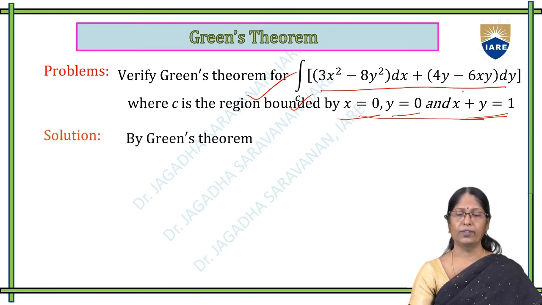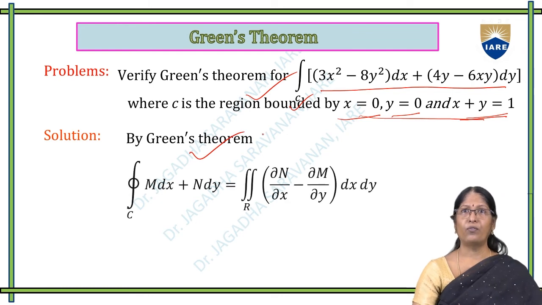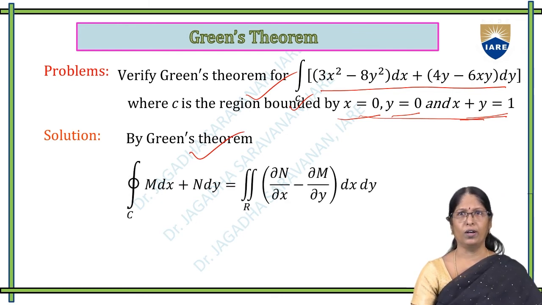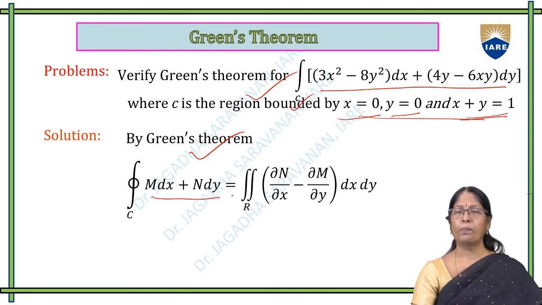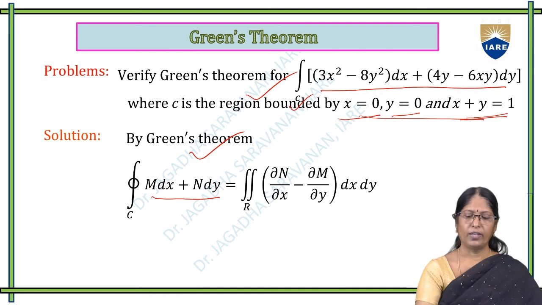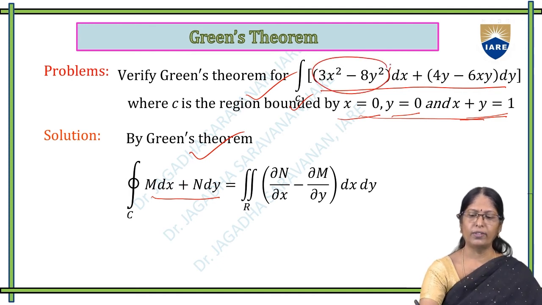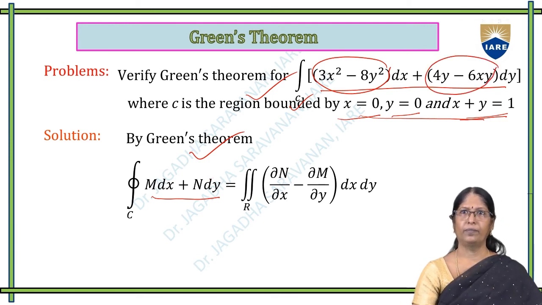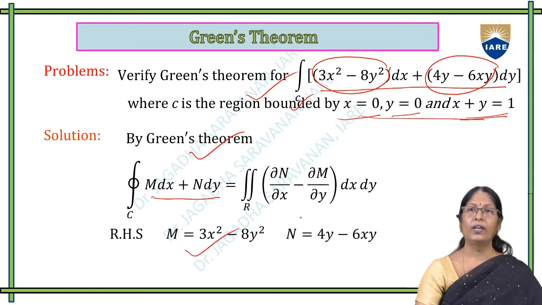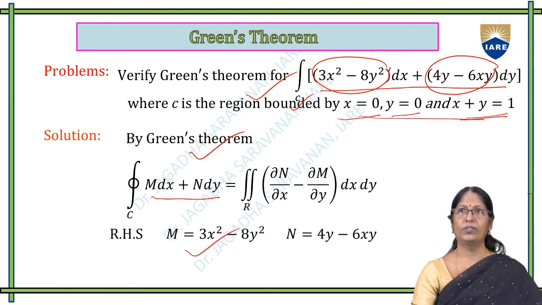Now the solution. The Green's theorem formula is for a closed curve, that is, the starting point and the terminating point should coincide. So M dx plus N dy: the term before dx is our capital M, and the term before dy is our capital N. Capital M equals 3x square minus y square.